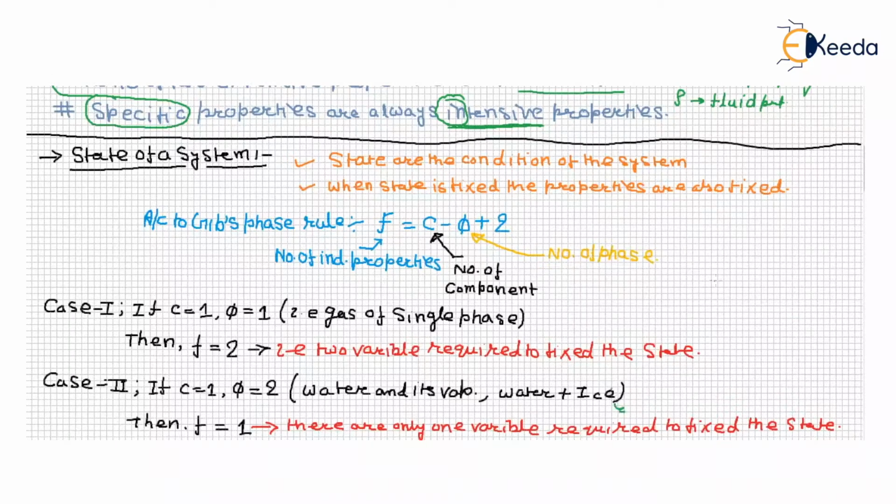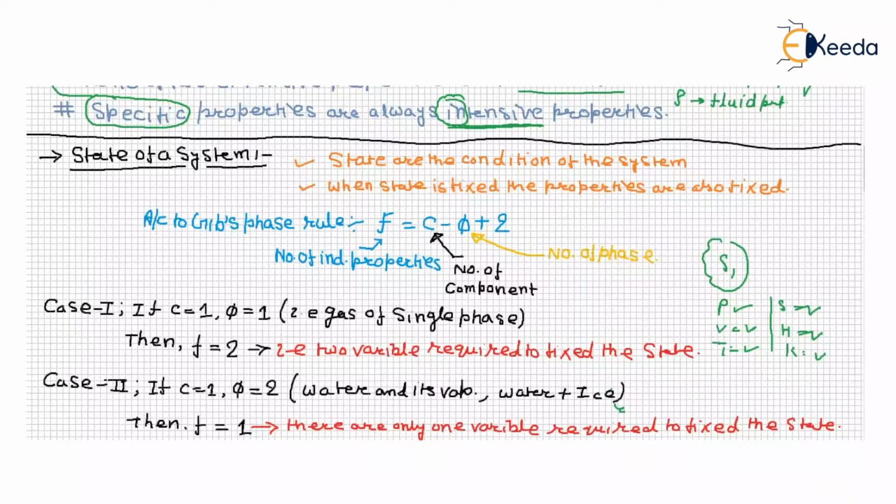Some students say that, sir, system property is pressure this much, volume this much, and temperature this much. Some students say no, sir, its entropy is this one, enthalpy is this one, thermal conductivity is this one. There is a big list. How can you fix the property of the system to define the state?